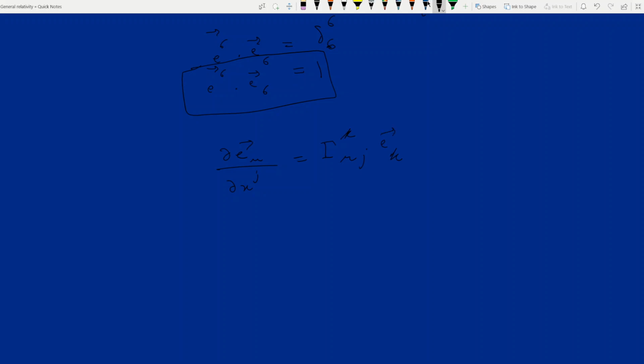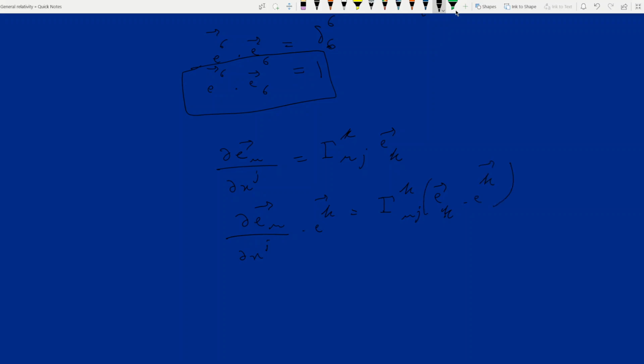Now if I do the dot product on both sides, say I dot it with del E mu by del xj, let's dot with contravariant ek, mu j, and then we have dotted with ek.